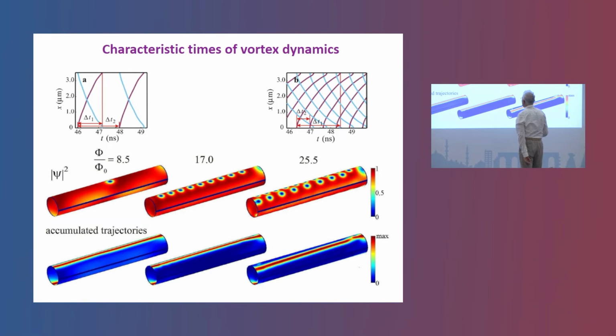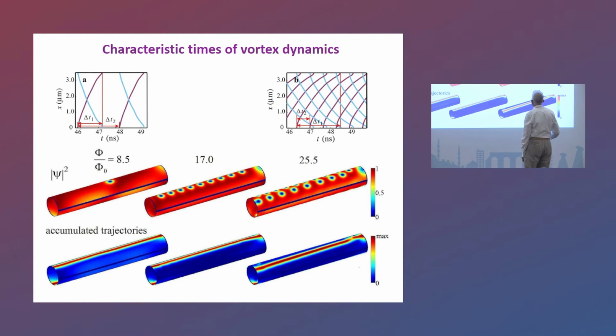Depending on the magnetic field, we can have regimes with one or less than one vortex, with a chain of vortices, with two chains of vortices. And here are two critical parameters. In terms of time, one is the time of flight from nucleation to denucleation, and delta τ2 is the period of nucleation of a vortex at a certain edge.